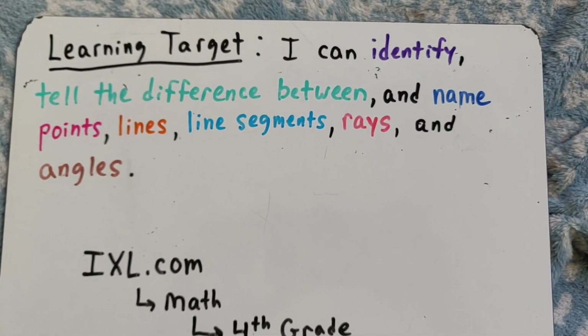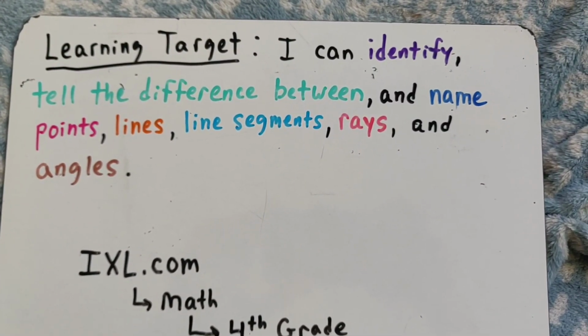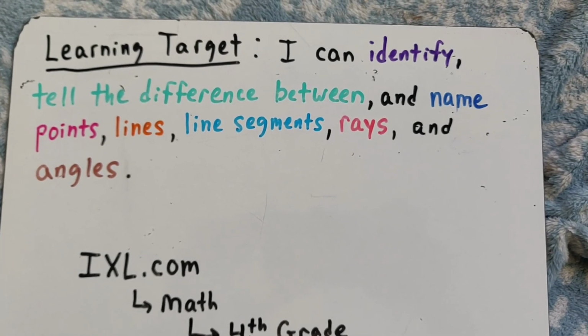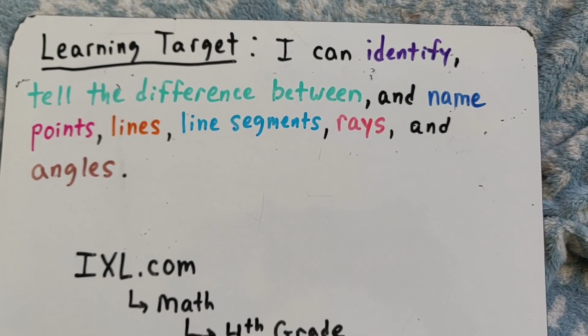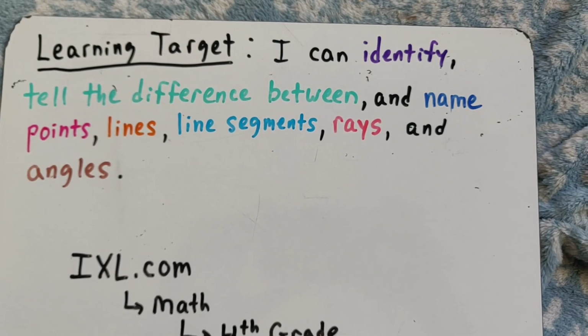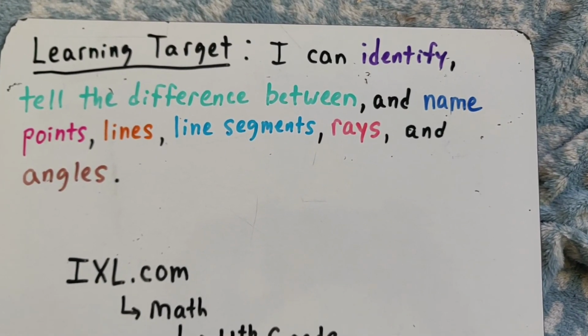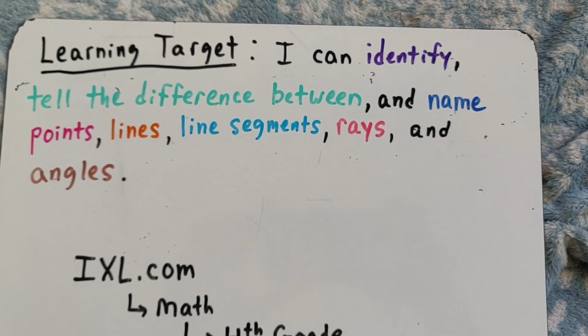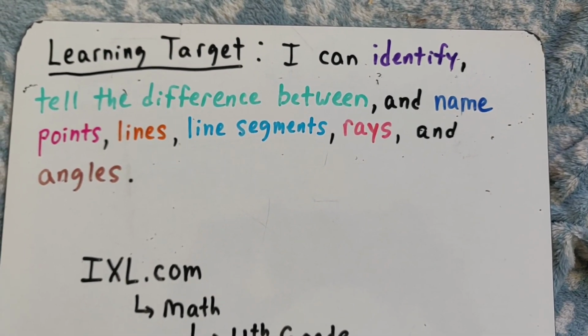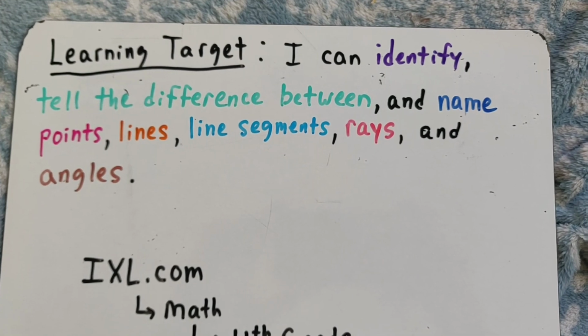So again, our learning target for today was I can identify, tell the difference between, and name points, lines, line segments, rays, and angles. Your exit ticket's going to be sent as an attachment to the email today, so look for your math exit ticket there.